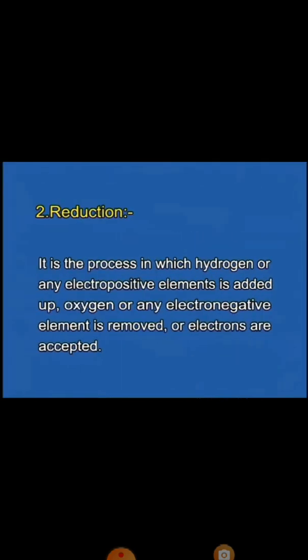Second, reduction. What is reduction? It is the process in which hydrogen or any electropositive element is added, oxygen or any electronegative element is removed, or electrons are accepted.